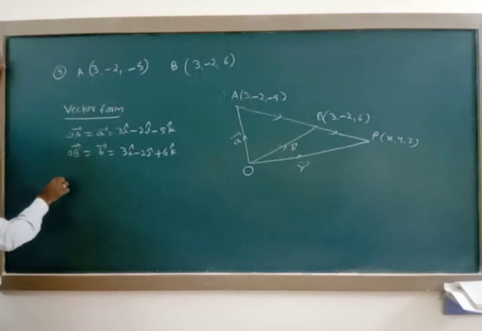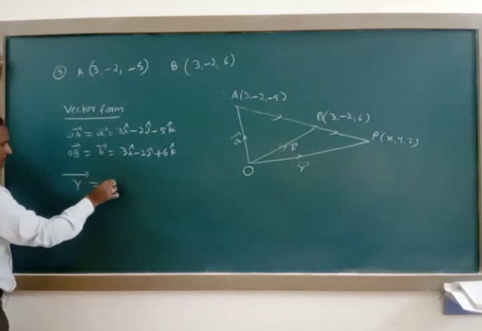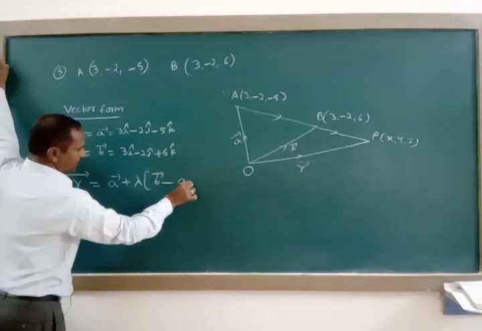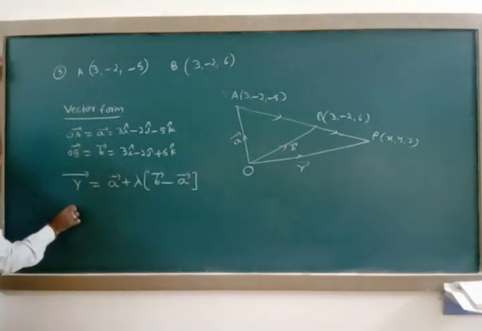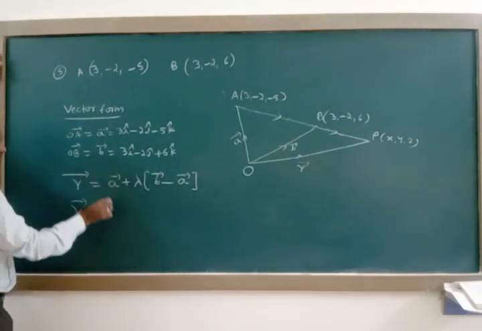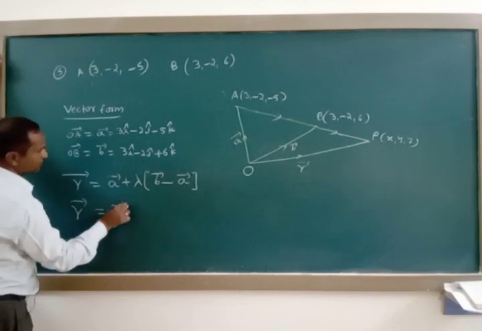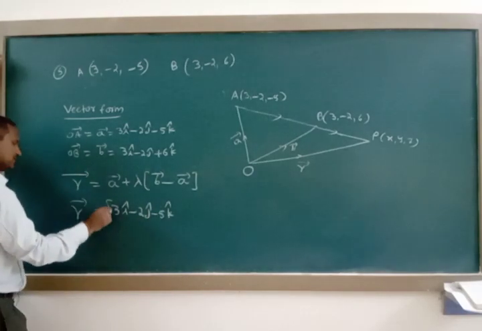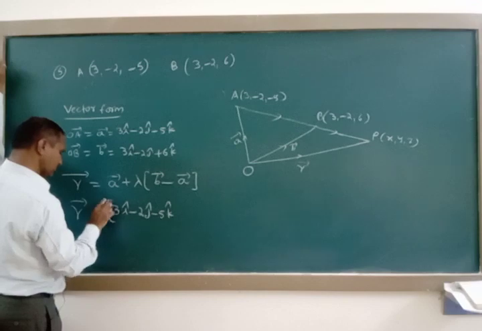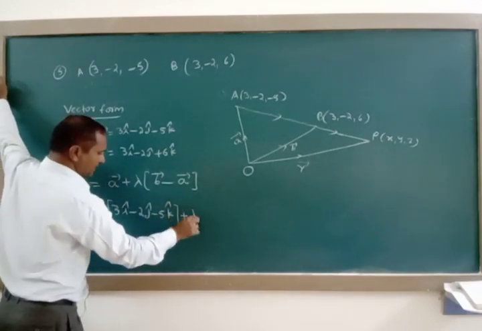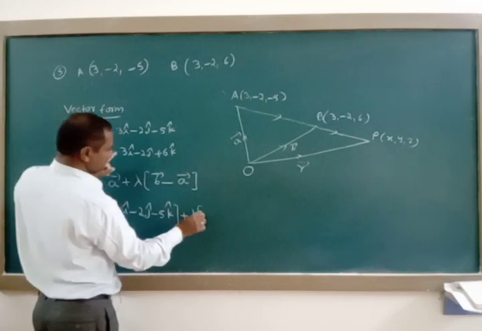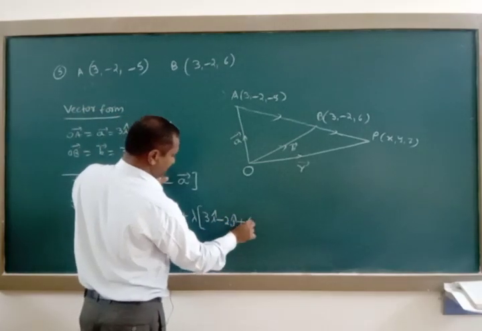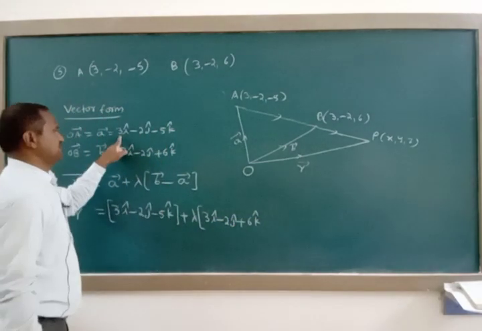In the vector form, the formula is R vector equals A vector plus lambda of (B vector minus A vector). R vector equals A vector, which is 3i cap minus 2j cap minus 5k cap, plus lambda of (B vector, which is 3i cap minus 2j cap plus 6k cap, minus of this).